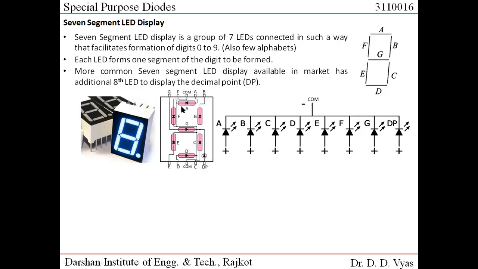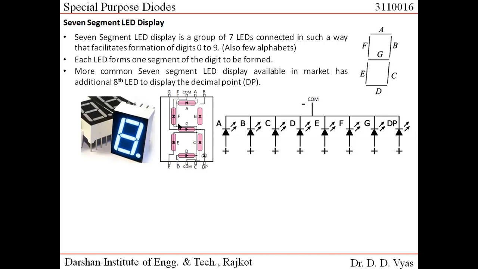If we try to see how these LEDs are connected a little more closely, then we can identify that the cathode of each LED is connected to one common terminal which is referred to here as COM. Try to look at this. If we see LED A, then the cathode of LED A is connected to common.